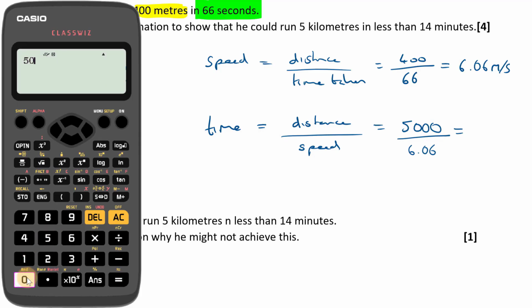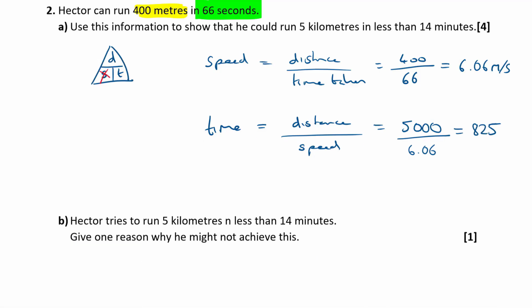So 5,000 divided by answer, that's giving me 825. What unit is that going to be in? I had meters and I divided it by meters per second, so that is going to be seconds. 825 seconds.